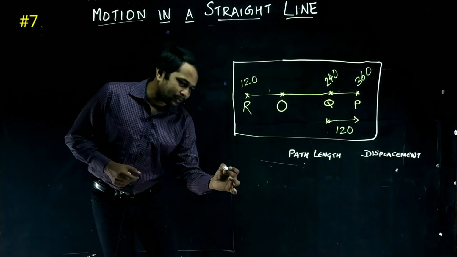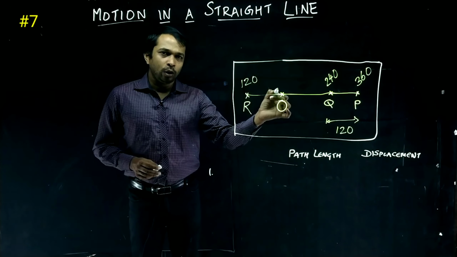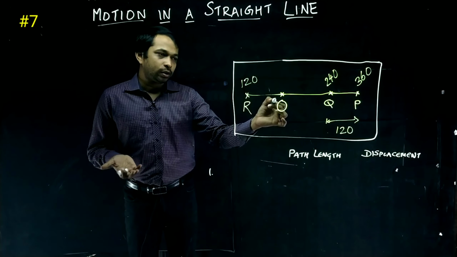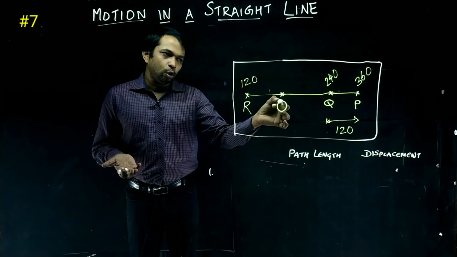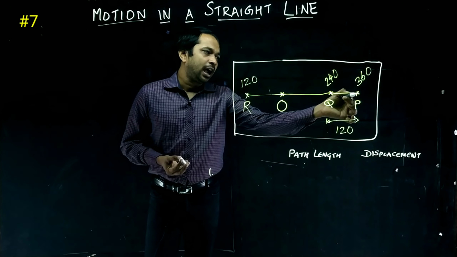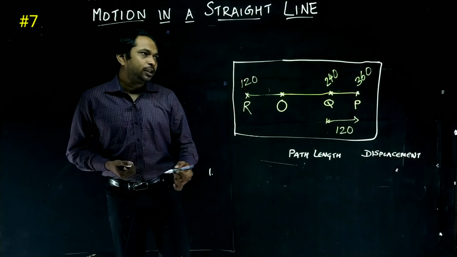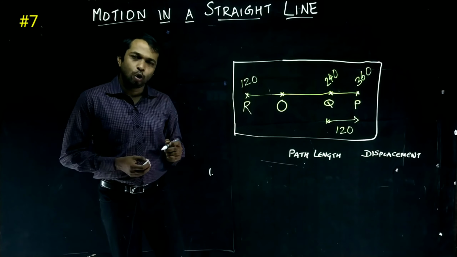Let's take different cases. Case 1: the object, let it be a car, was at the origin and it went in a straight line up to point P, which is at a distance of 360 meters from the origin.